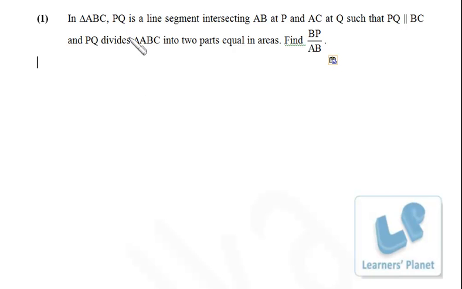Now in triangle ABC, PQ is a line segment intersecting AB at P and AC at Q such that PQ is parallel to BC. I just draw the triangle. So we have triangle ABC, then line PQ that is parallel to BC.